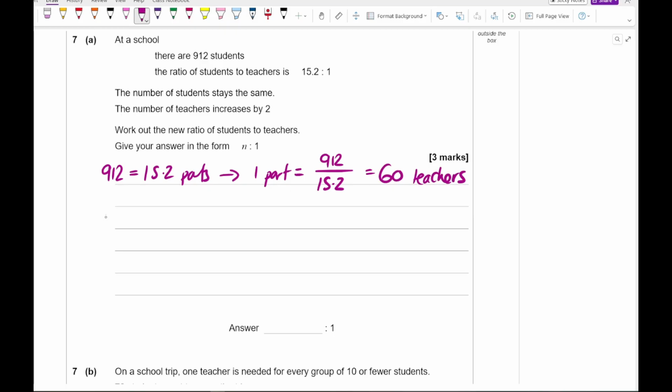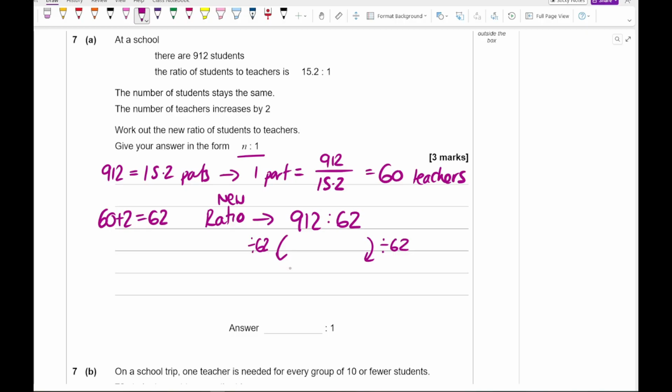Then I add 2 teachers, so 60 plus 2 is 62. So then the new ratio is going to be 912 to 62 teachers, and then I want the ratio n to 1, so I need to divide this number by 62, and I need to divide this number by 62, giving me a total answer of 14.7 to 1.